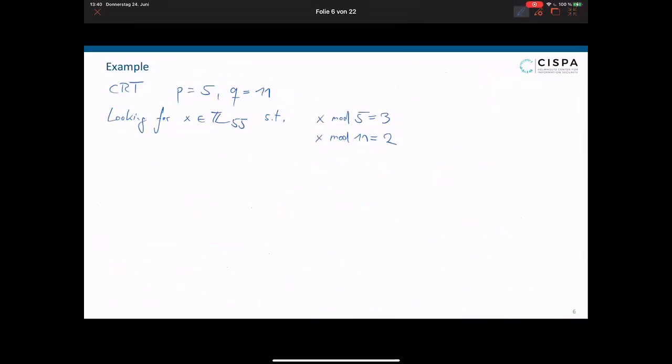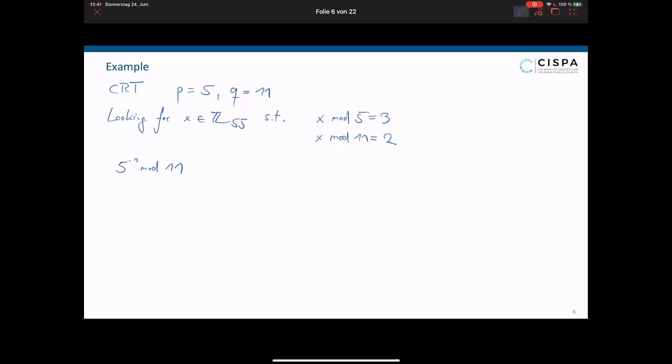So what is 5 inverse modulo 11? We're not throwing the extended Euclidean algorithm at this, but we're just doing this in our head or quickly by trial and error.